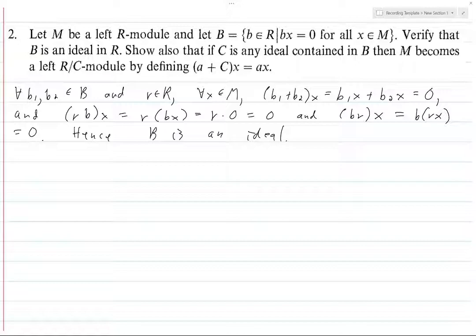I really feel like there should be some easy way to conclude that it's going to satisfy all the properties just from the fact that as an R module it satisfies all the properties. But oh well, I'm going to do all the details because that's what I did when I wrote this problem, and I haven't thought about it since.